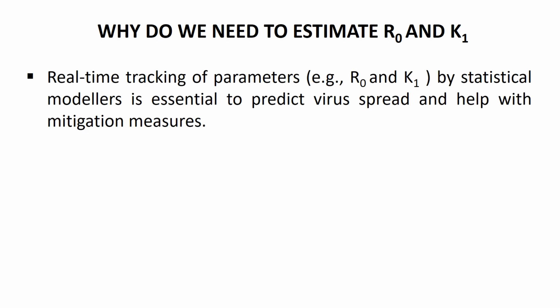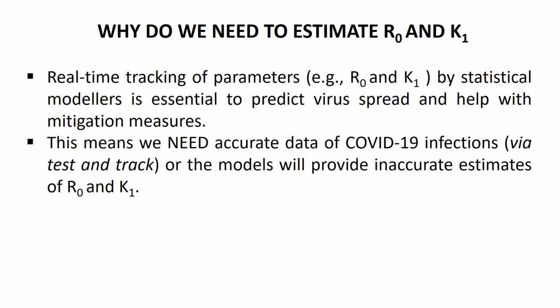So real-time tracking of these parameters by statistical modelers is essential to predict the virus and help with mitigation measures. And this means that we need accurate data of COVID-19 infections, and we get that via test and track, which has been very controversial in the UK. And if we don't have that, the models won't provide accurate estimates of R0 and K1.